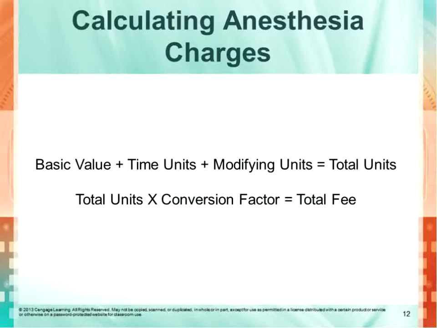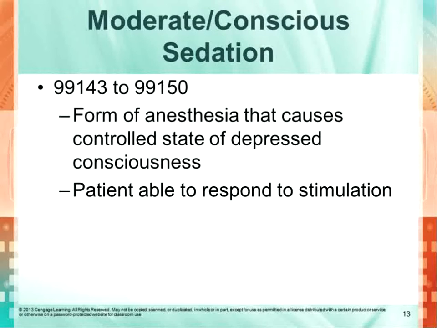So there's a table for your conversion factors as well. Your book gives you that. It's at a CMS website. You access the table. We'll look at that when we do practice. You're going to take whatever that conversion factor is, multiplied by whatever you added up in terms of your total units, and those conversion factors are in dollars, so that's going to give you your total reimbursement amount.